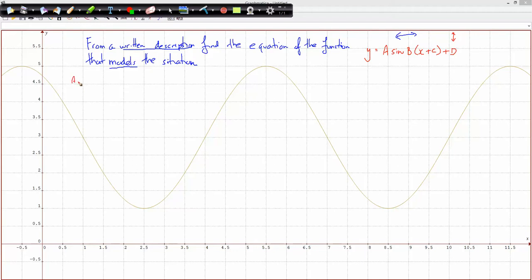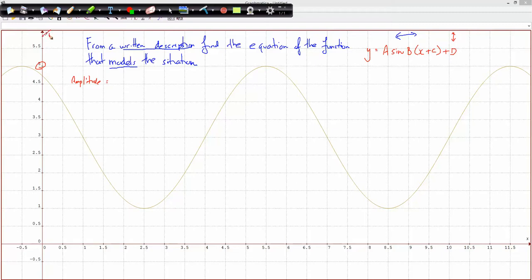So here we're trying to figure out the amplitude. What I can see from this graph is if I look at the topmost point, that corresponds to a y value of 5. In fact, for this situation, let's try and describe it in a more realistic way.